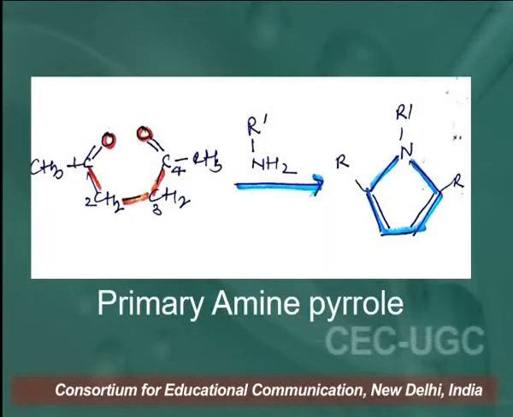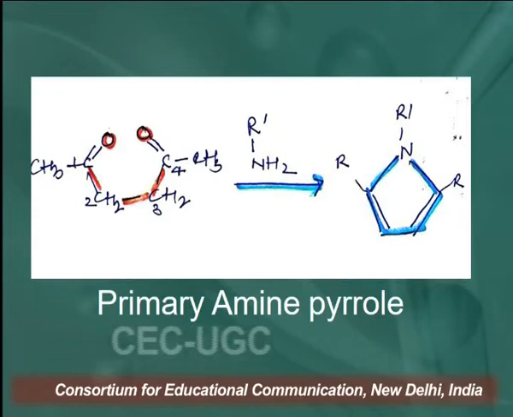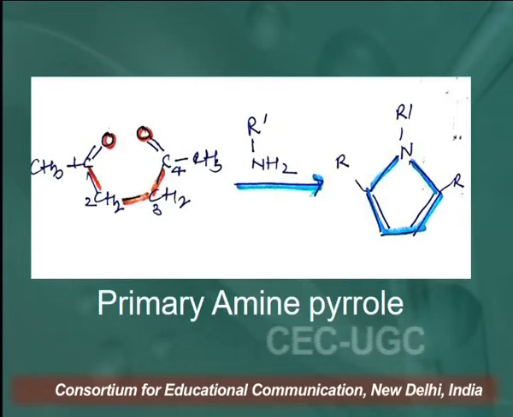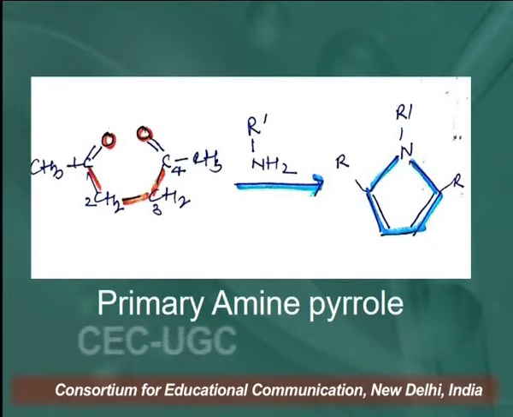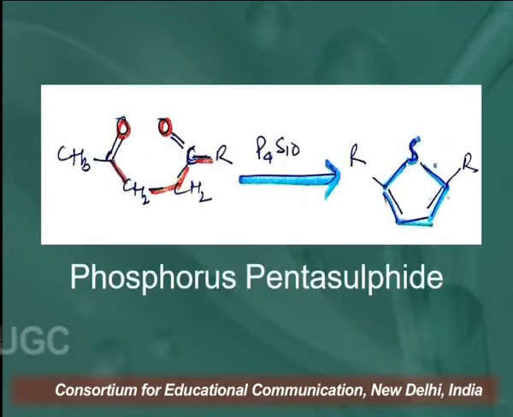The Paal-Knorr synthesis is also used for the synthesis of pyrrole. The difference is that in furan synthesis we use an acid catalyst, but for the synthesis of pyrrole we use a primary amine. So 1,4-diketones in the presence of primary amines are converted into pyrrole derivatives.